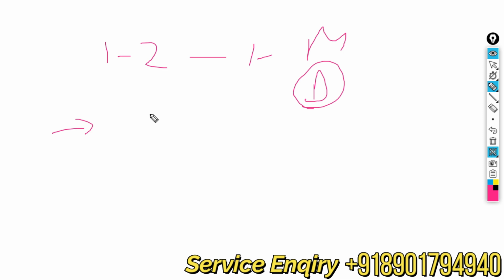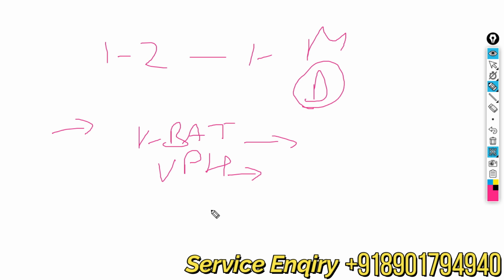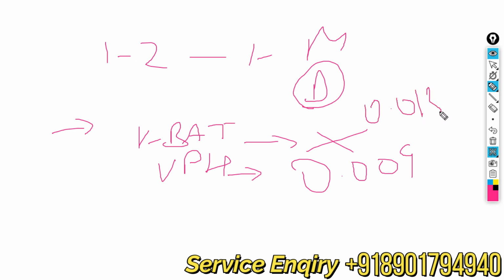Now for example, look at this case, right? When we measure on VBAT, diode value is okay, right? On VPH is almost okay, right? When we check on a DC power supply, it takes auto consumption 0.09 on VBAT. On VPH it takes 0.013, right?